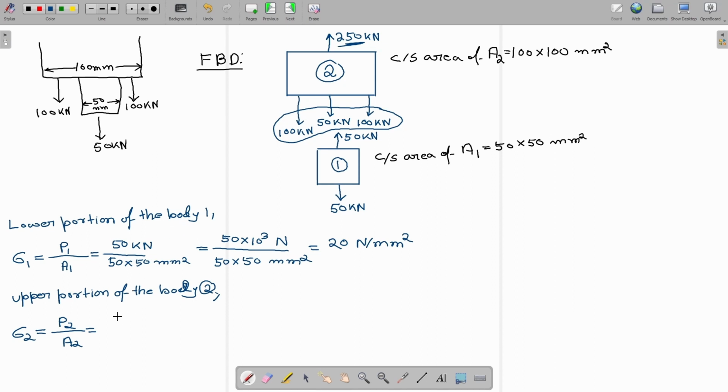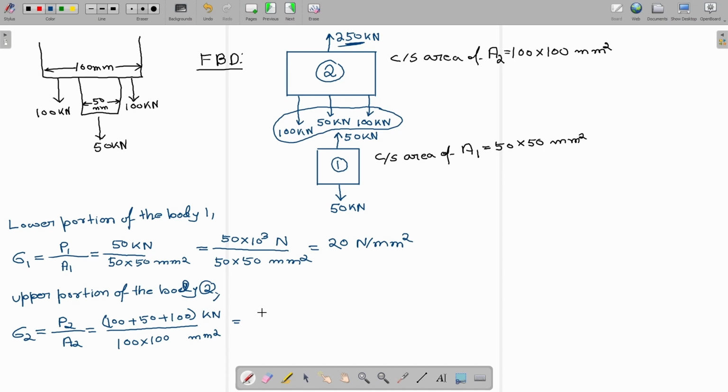So we can write it like this, 100 plus 50 plus 100 by 100 into 100. Now the above value is in kilonewton and the bottom portion is millimeter square.